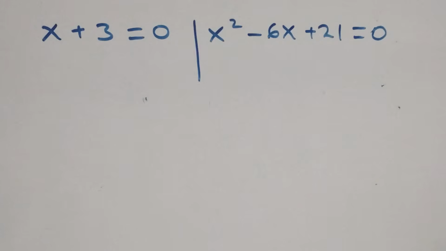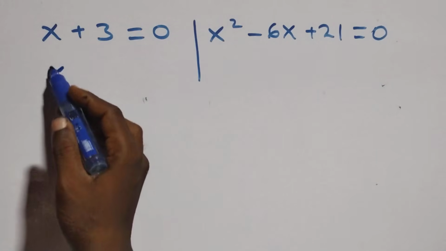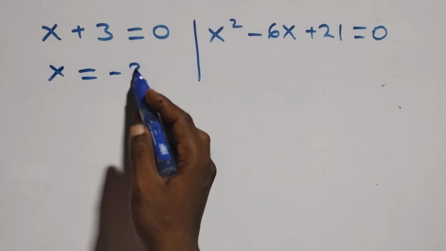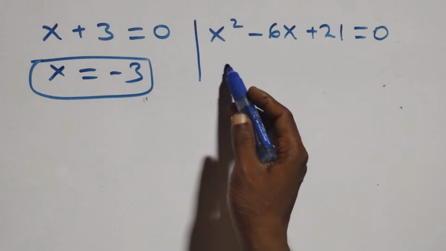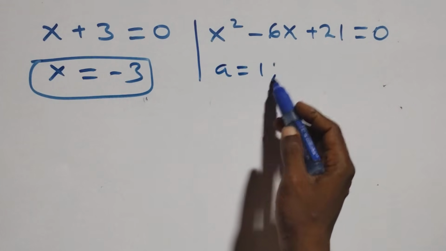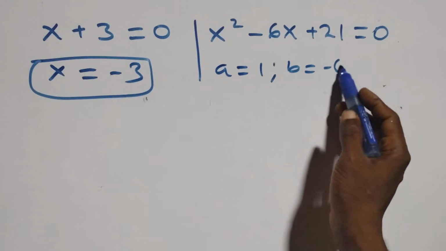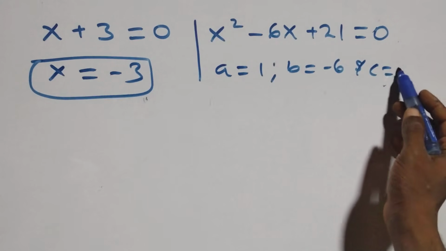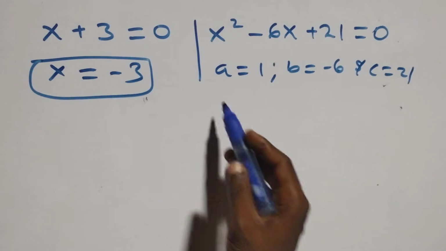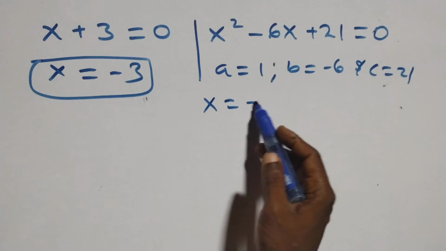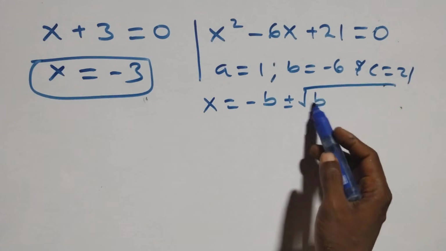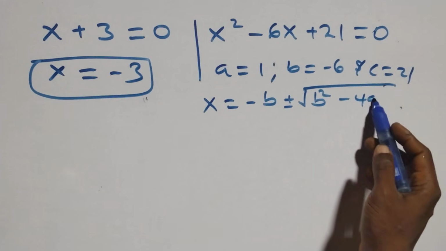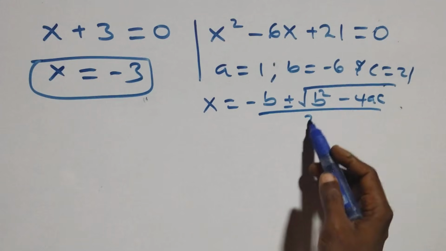Then, solving on this side, we have x equals to minus 3, which is a real solution here. Here we have a quadratic equation, a equals to 1, b equals to minus 6, and c equals to 21. Applying the quadratic formula here, which is x equals to minus b plus or minus square root of b squared minus 4ac all over 2a.